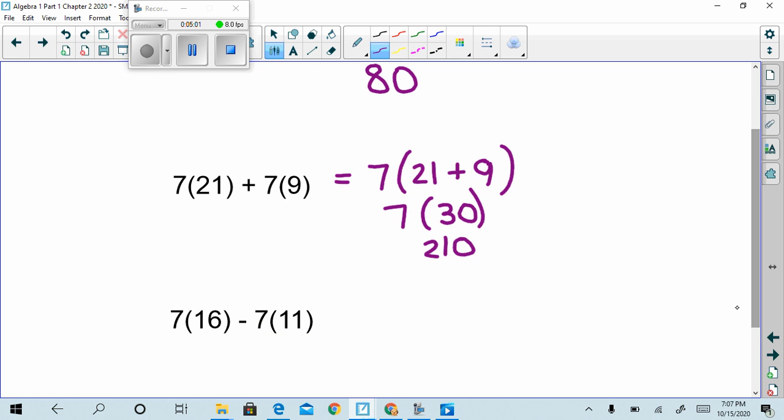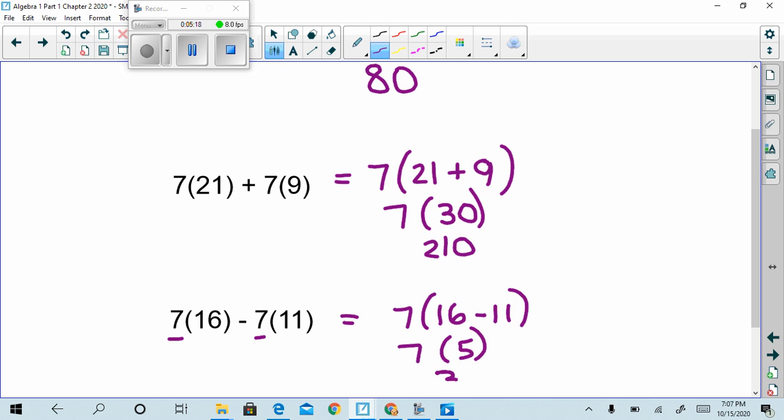One last one. If I'm asked to find the value of this expression and I notice they have a common factor, I can then place the other factors in the parentheses and simplify and get my answer. So here are some various ways to do mental math that maybe you never thought of before.